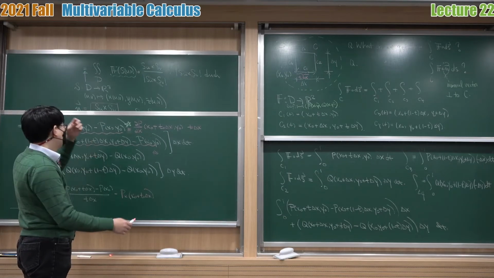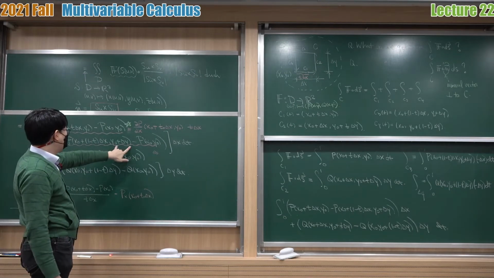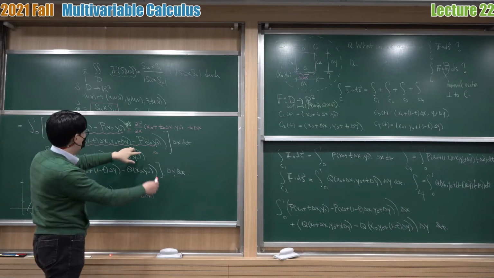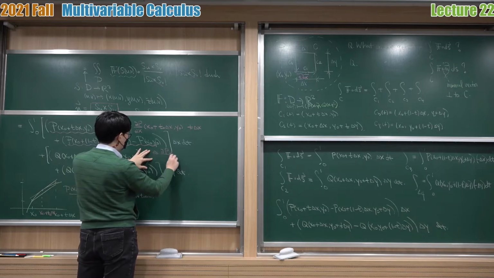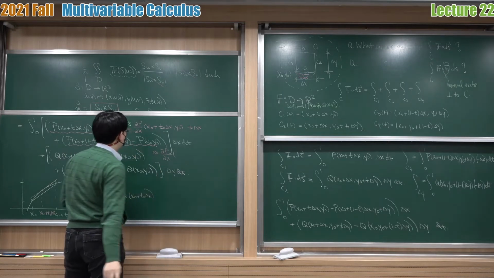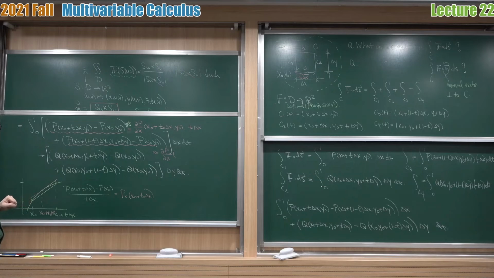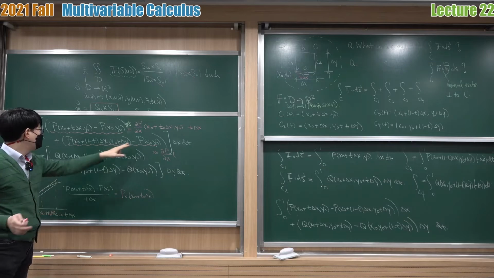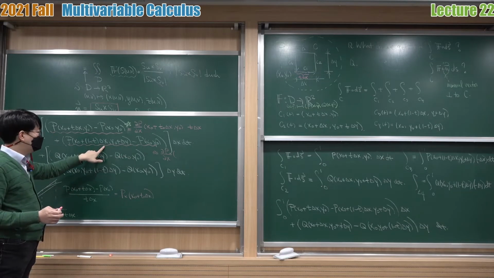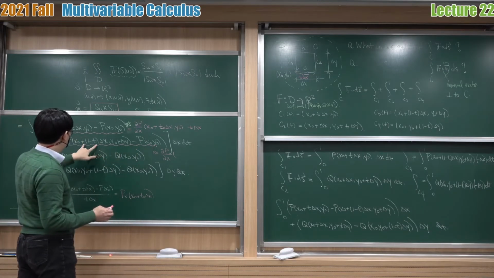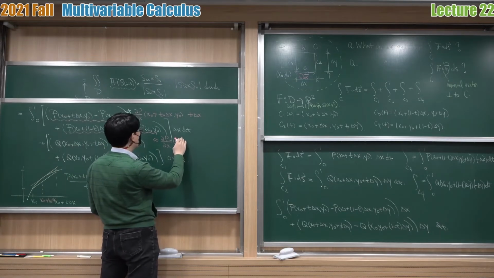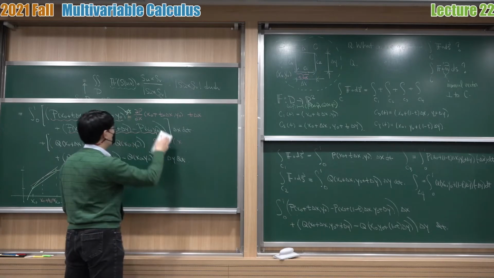Here, I'm not having the same y, but I can approximately say that this is equal to the partial derivative of p at some point in between x0 and x0 plus t delta x.